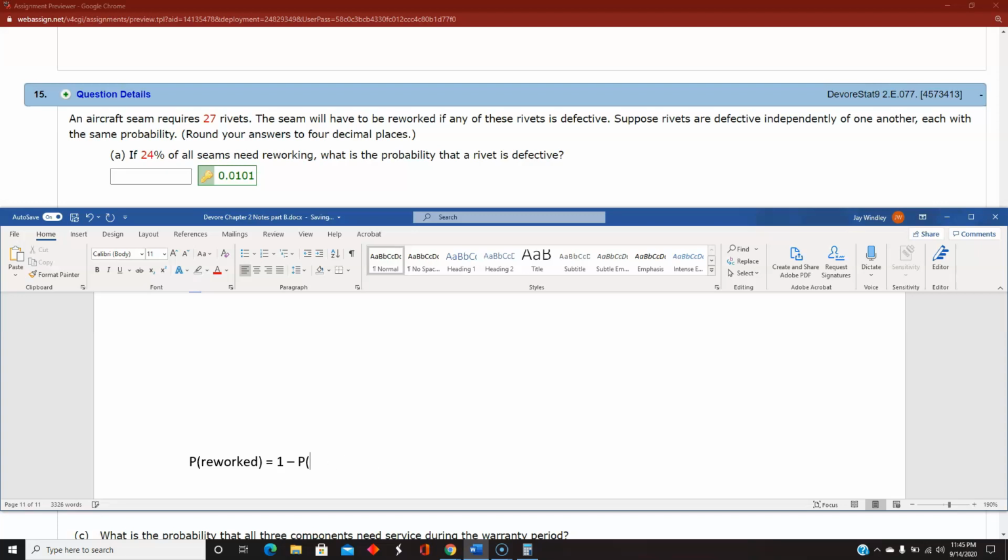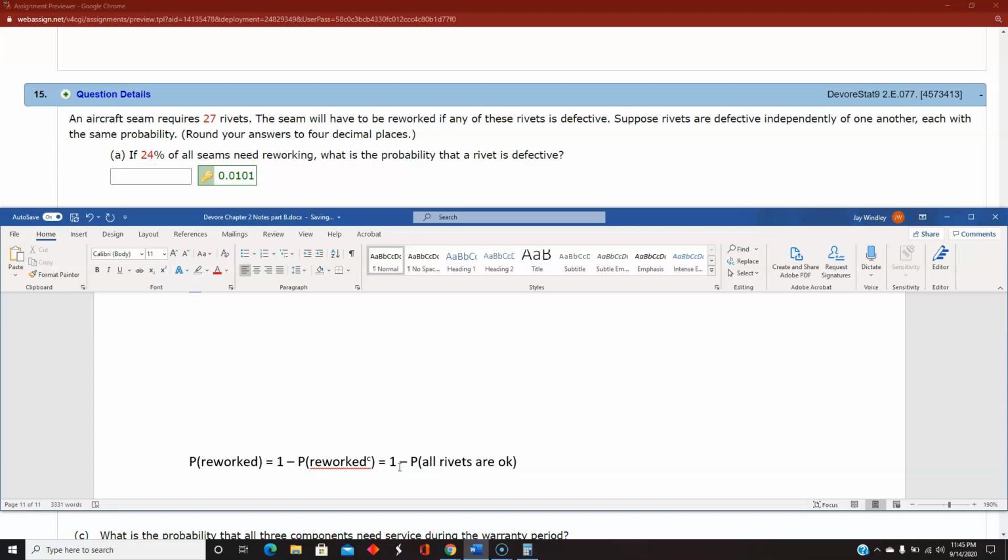Or I guess I could say reworked complement. Okay. So the reason why I'm doing complements here is I think I can figure out the probability that it's not reworked. It's not reworked if all rivets are okay.